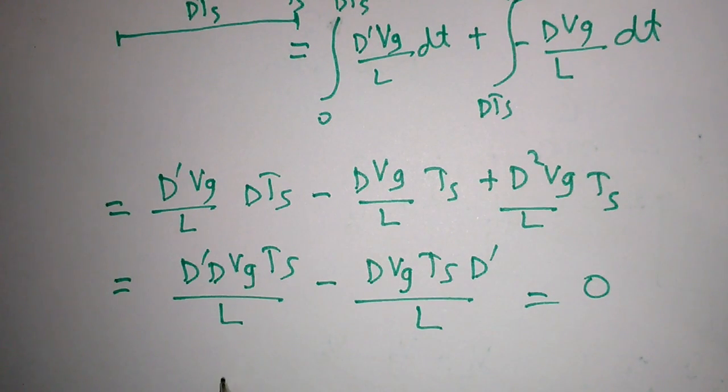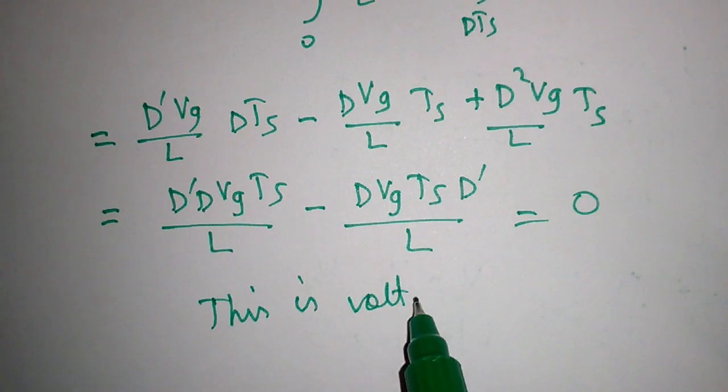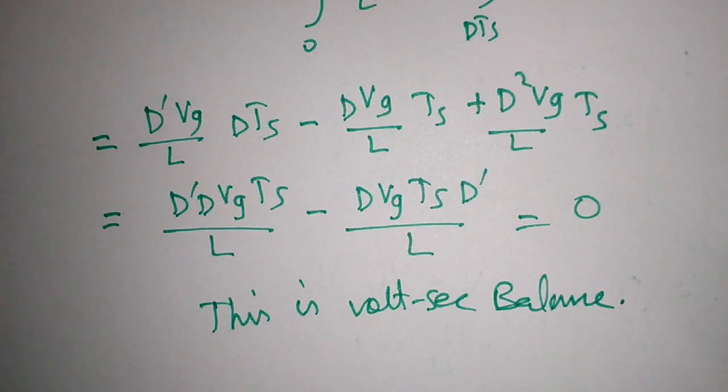Now this thing is called volt second balance. Similarly we have charge balance, in which the overall change in capacitor voltage is equal to 0.